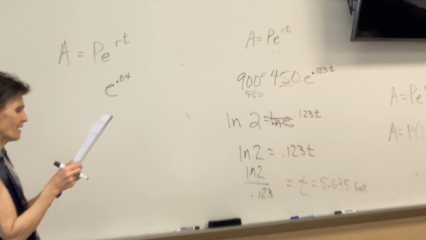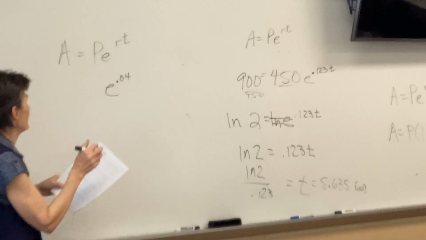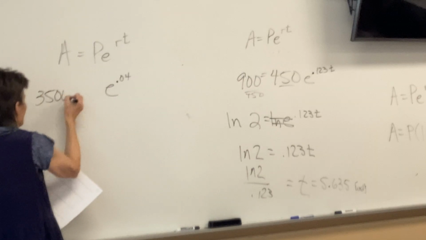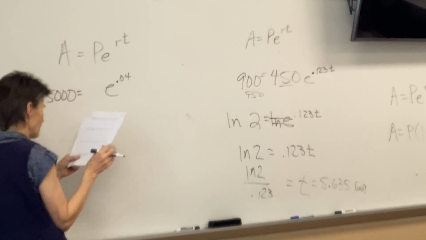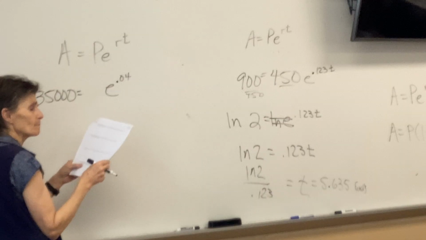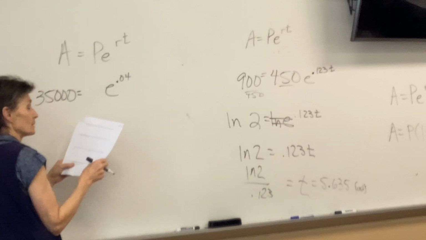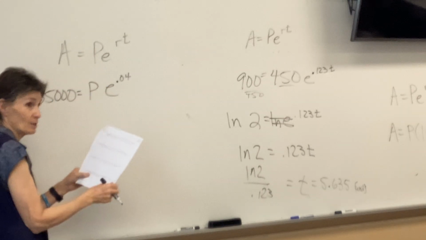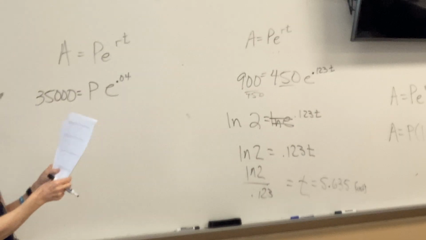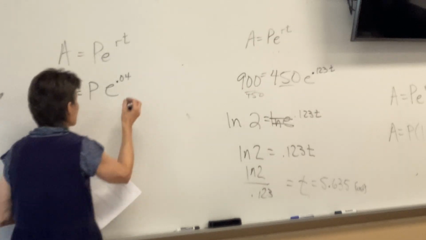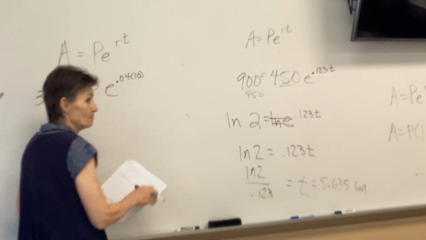Where does the 35,000 go? A. What's P? What I'm looking for, right? How much do I need to deposit? Isn't that my unknown? And T is 10?